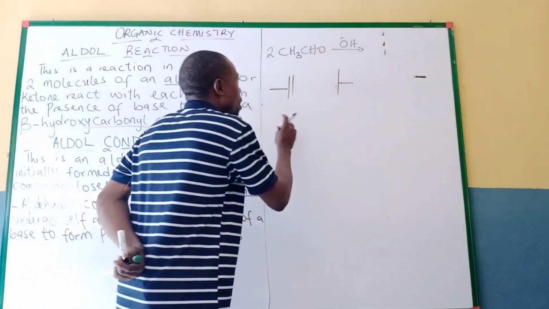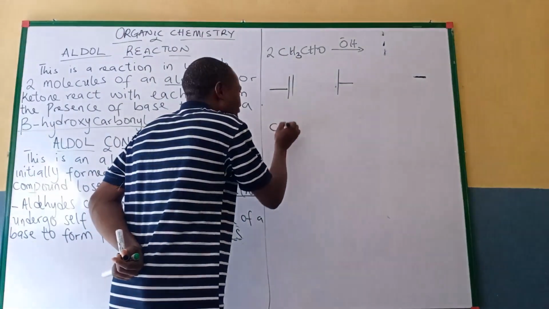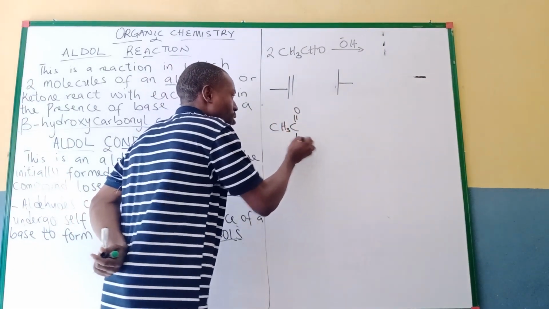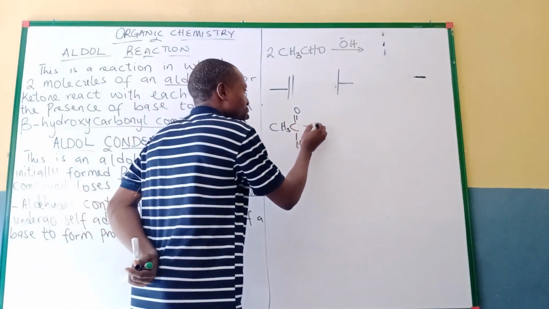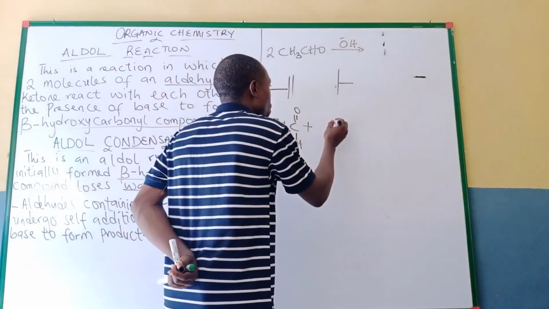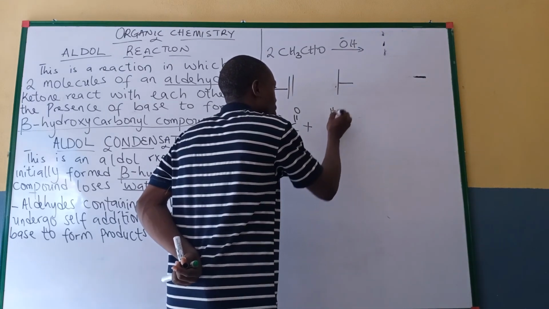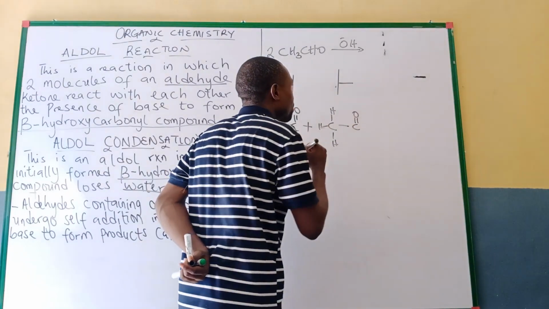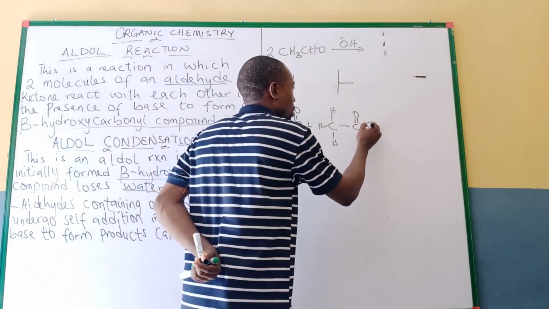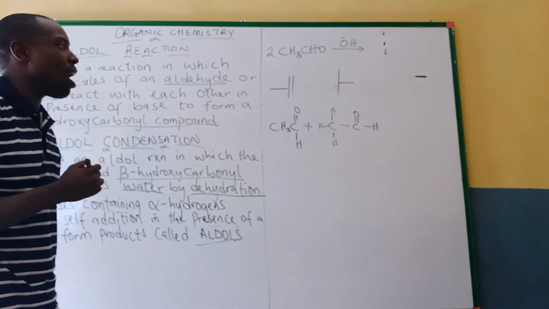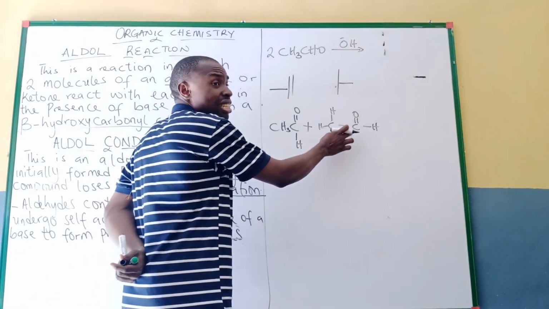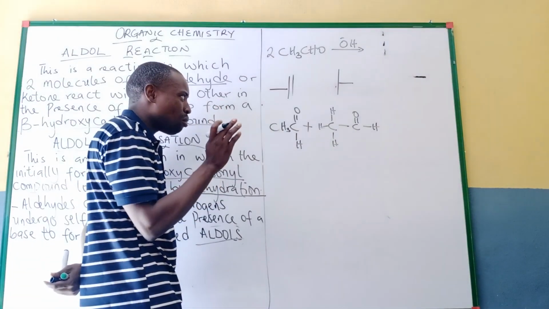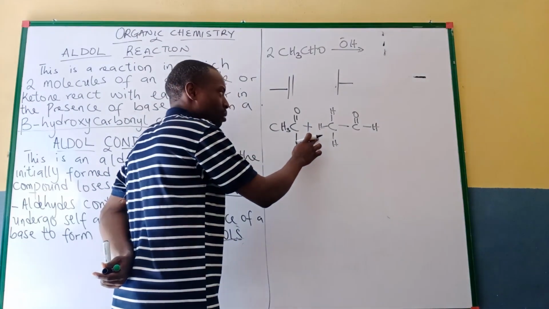So the first acetaldehyde is something of this nature, plus the other one, the next aldehyde. So this is what you have: an acetaldehyde and another acetaldehyde. These two react together in the presence of a base.